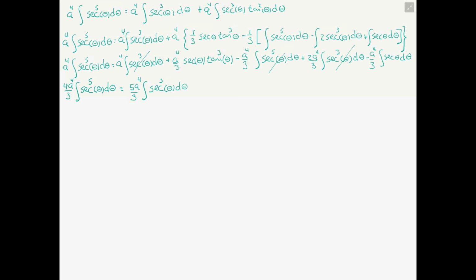So we've gone from 5 terms. Here I'm just crossing out the terms that we've dealt with. So now we have 3 terms on the right side of the equation.